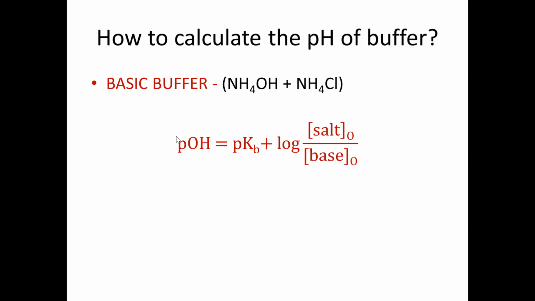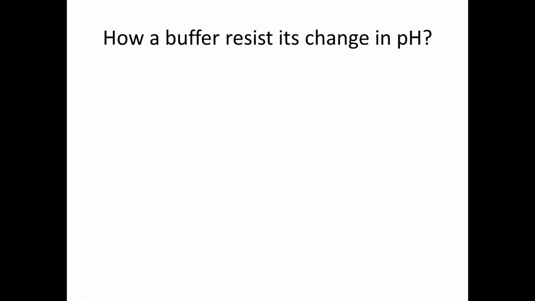So once we know the pOH of a basic buffer, we can calculate its pH by using the relation that pH plus pOH is equal to pKw at 25 degrees for all aqueous solutions. So once we know the pOH, we can calculate pH as pKw, that is 14, minus pOH. Okay, so this was about the calculation of pH of buffer solutions.